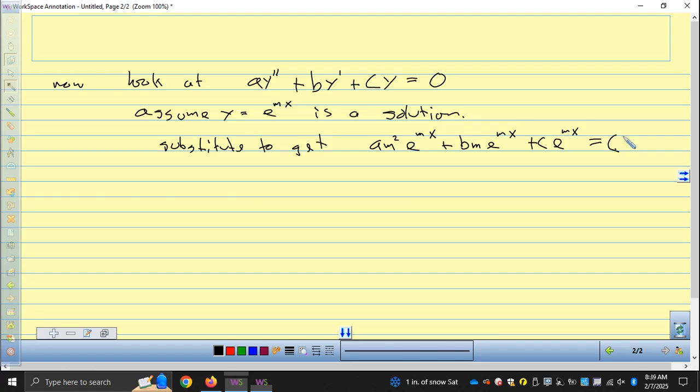And again, we've done this kind of homework problem before. It was kind of getting us mentally prepared for what we do here. Again, we factor out the e to the mx, which is never 0, and that implies that a m squared plus b m plus c has to equal 0.